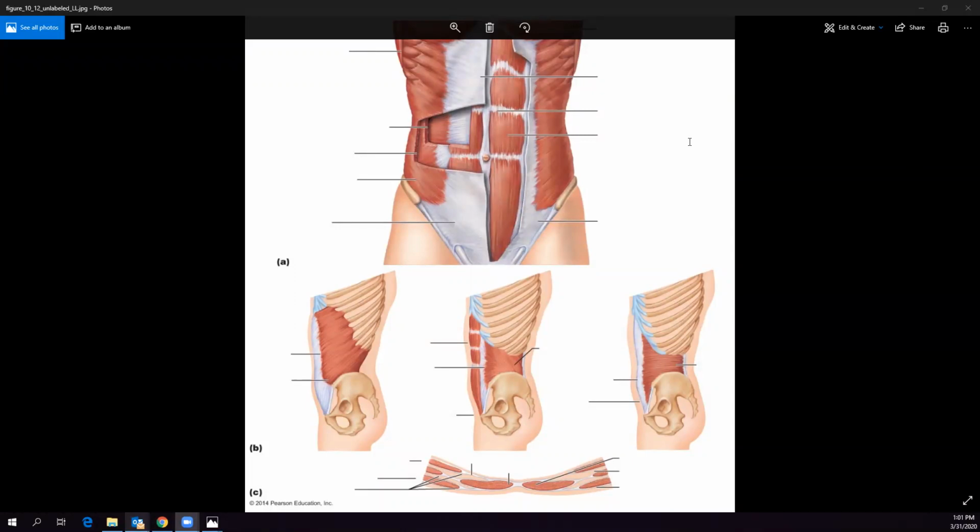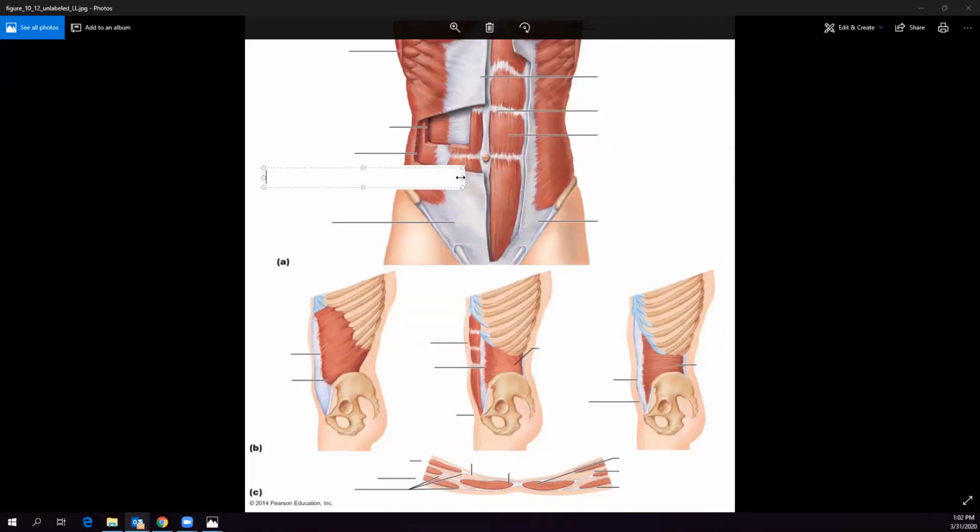All right, so muscles of the abdominal wall are going to be the muscles here that we see in the abdomen. The first one on your list is the external oblique. If we remember, how we name muscles is according to where they're found, the way their muscle fibers run, lots of different criteria.